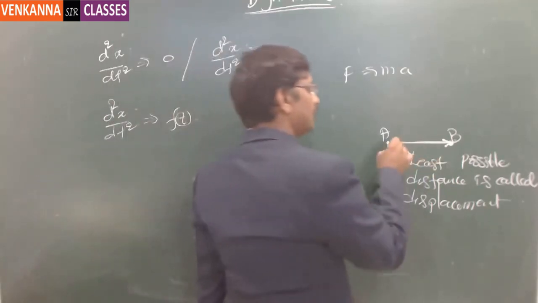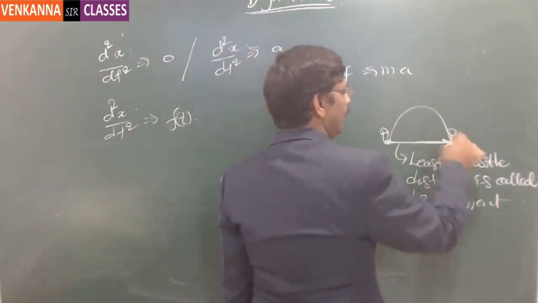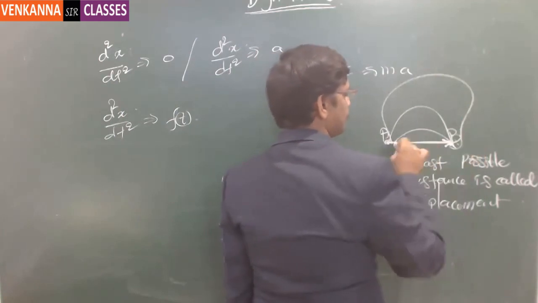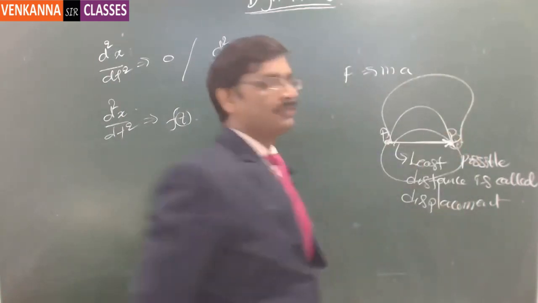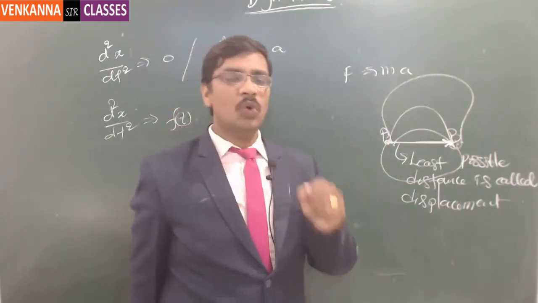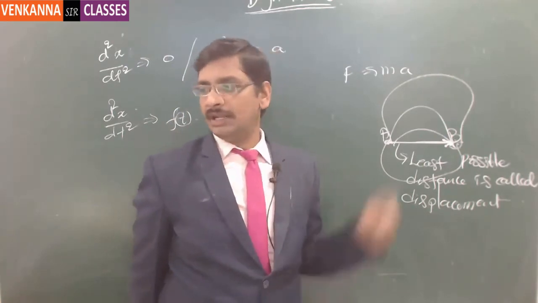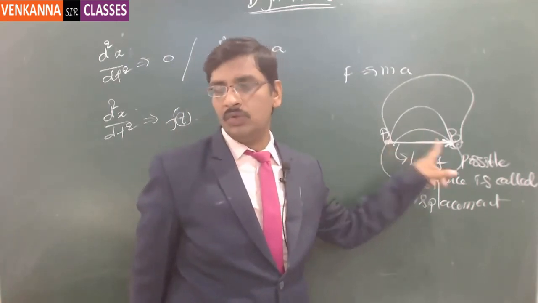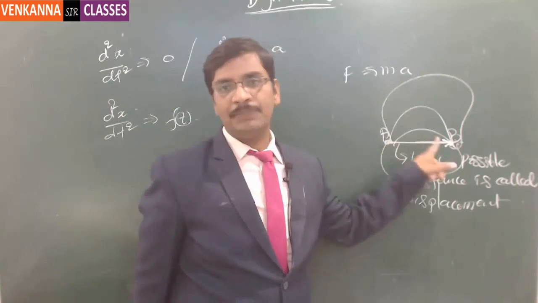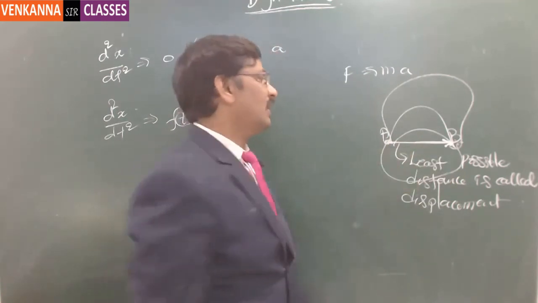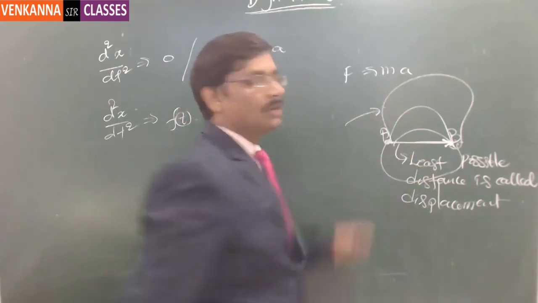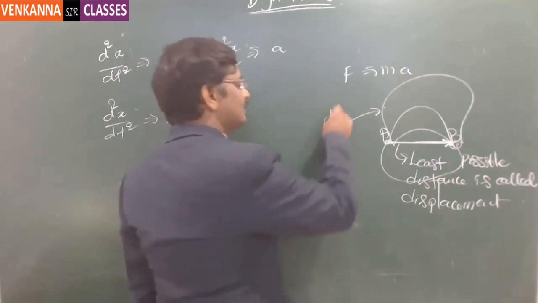Suppose I can travel from A to B in n number of ways like this. But there is always only one least path, that is a straight line path from here to here. This least path is called the displacement, and whatever normal route you take based on your convenience is called the distance.